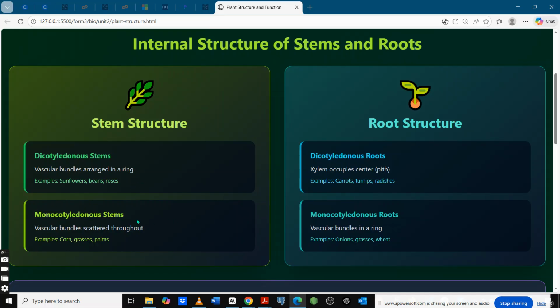Monocotyledonous stems have vascular bundles which are scattered, and they include grasses, palm, corn, and also maize. When we come to the full lesson, we'll show all those in pictures. So we have root structure as we see here.